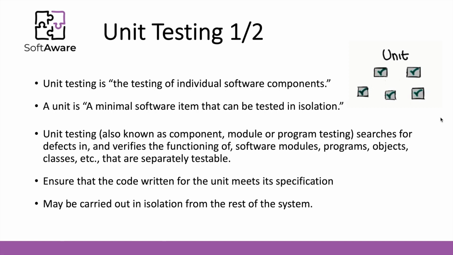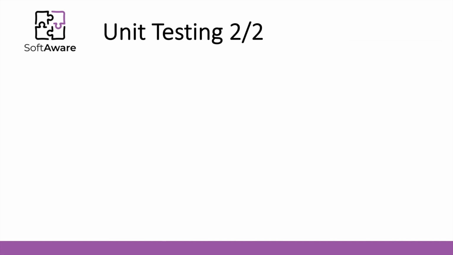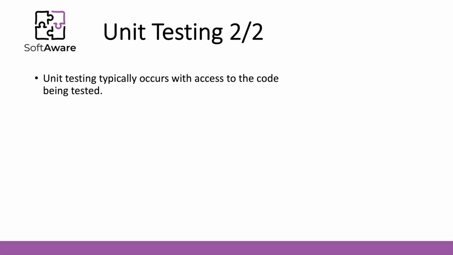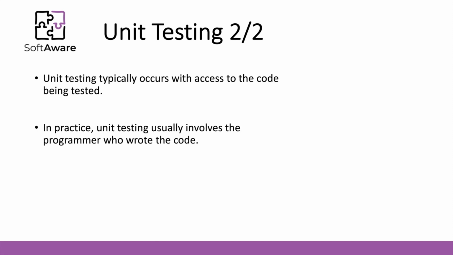And finally, structural testing is, for instance, a statement or decision coverage test. Unit testing typically occurs with access to the code that is being tested and with the support of a unit test framework. Unit testing usually involves a programmer who wrote the code.